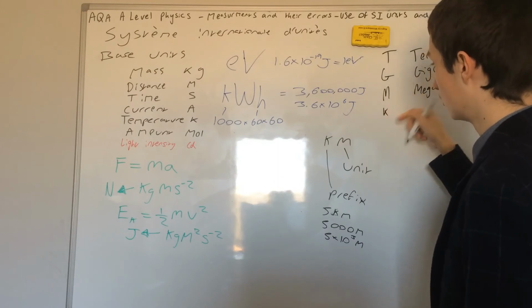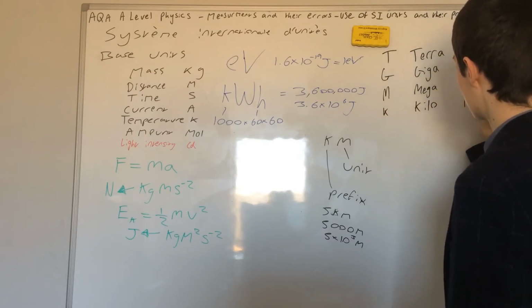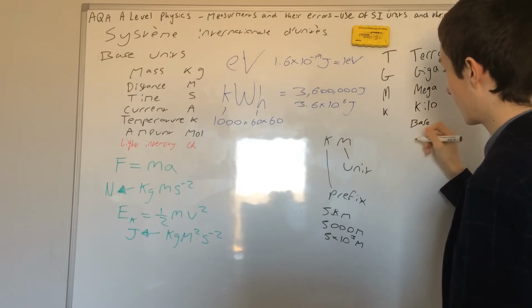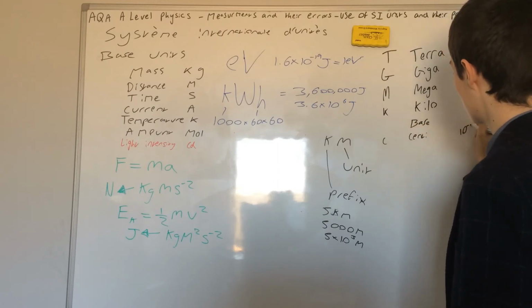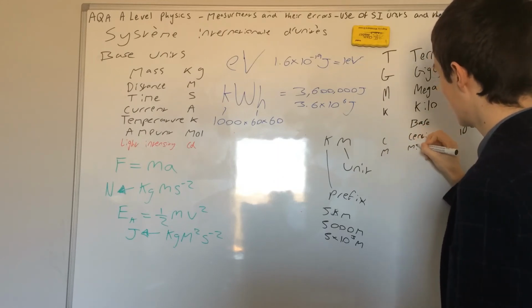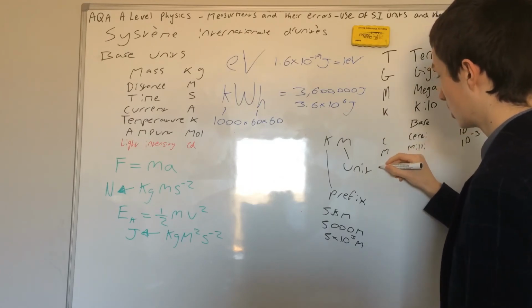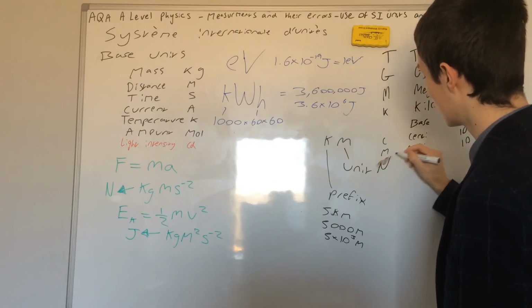Kilo, which is lowercase k, that's 10 to the 3. And then we've got just your standard metre. We've got centi in small c, which is 10 to the minus 2. Small m is milli, which is 10 to the minus 3. We've got micro, that's this symbol here.